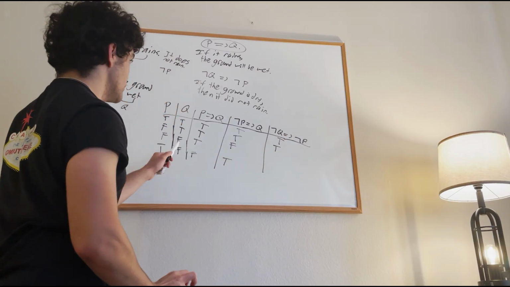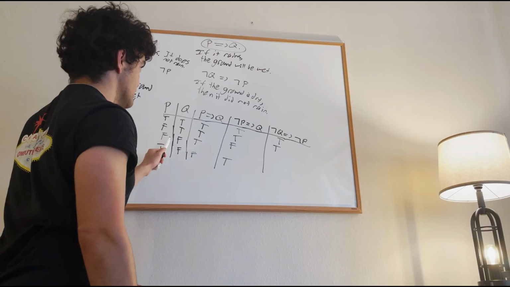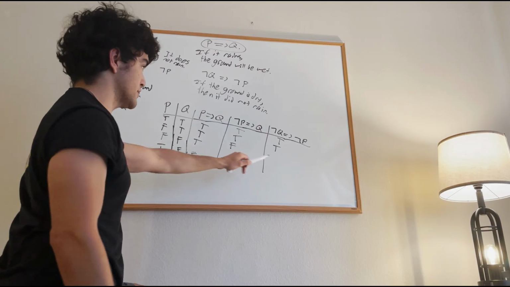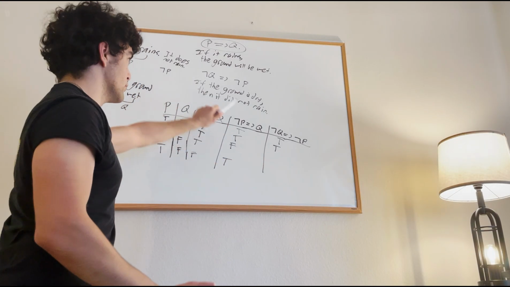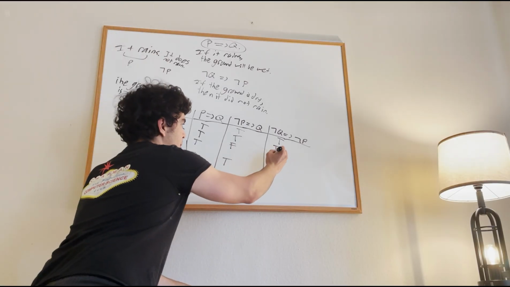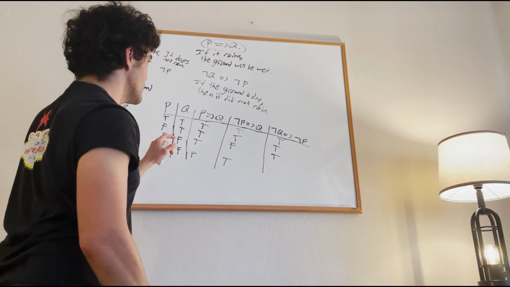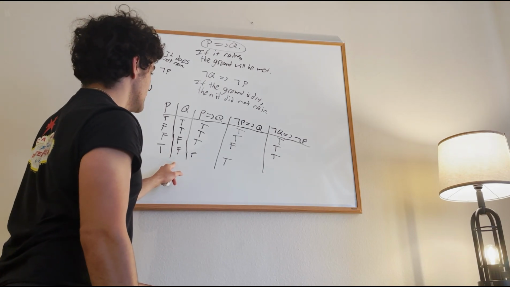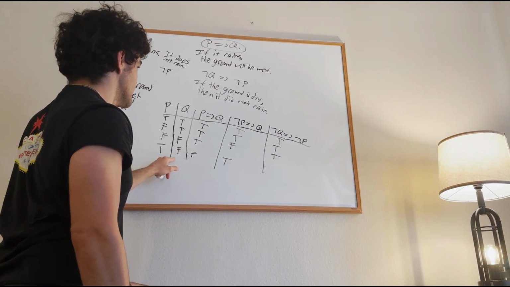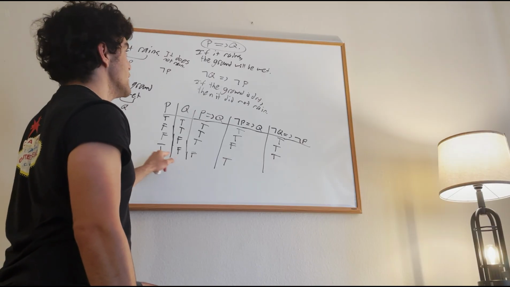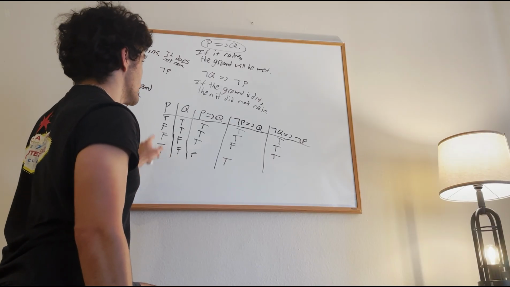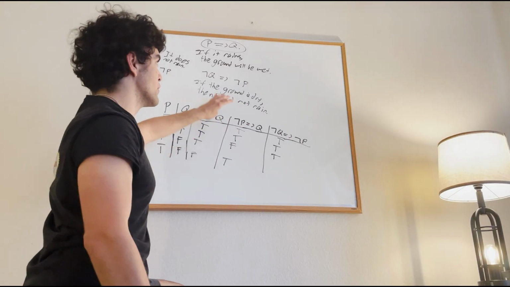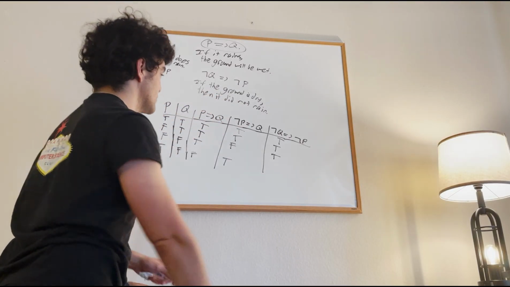Now, when Q is false, this implies P is false. This is directly agreeing with our rule here. But when Q is false, here we're saying, this is saying if the ground is dry, then it did rain. This is directly violating our rule that we've established up here. This is going to be false.